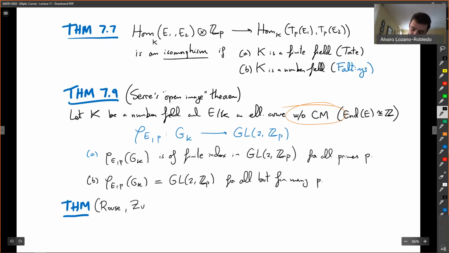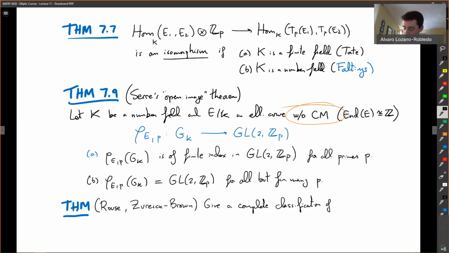He and David Zureick-Brown have given a complete classification of two-adic images, so of the case p equals 2.